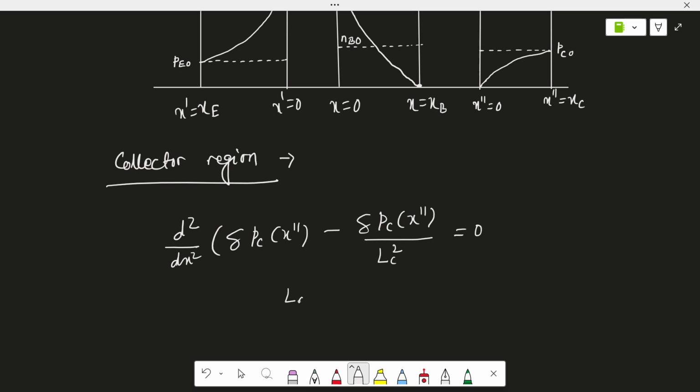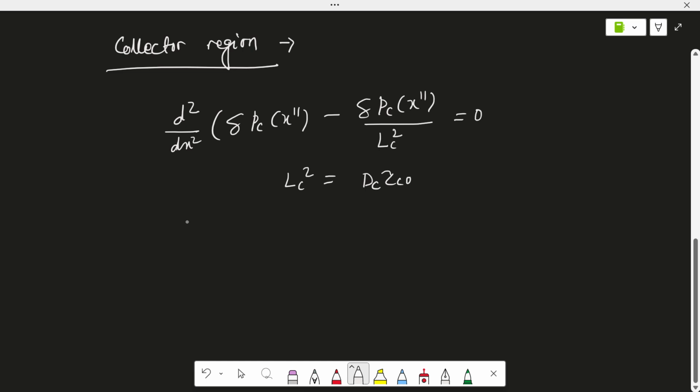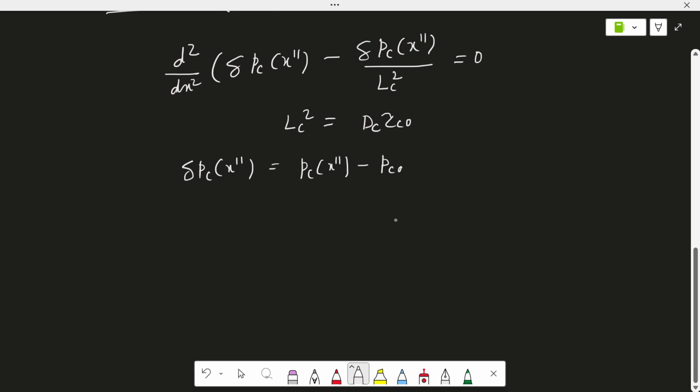What is this LC square? It can be written as the diffusion coefficient times the relaxation time, DC tau C. Right, so this is it, and the excess carrier concentration can be written as the non-equilibrium hole concentration minus the thermal equilibrium hole concentration in the N region or the collector region.